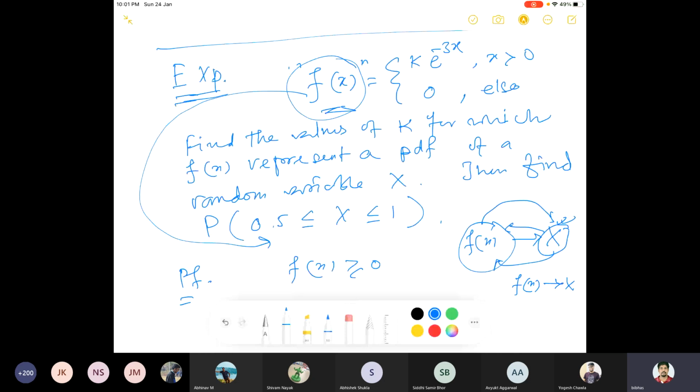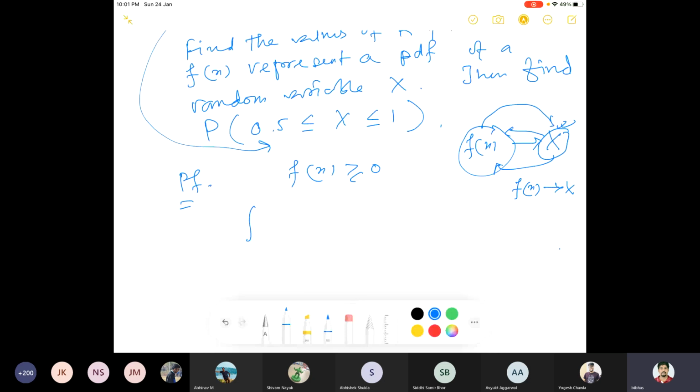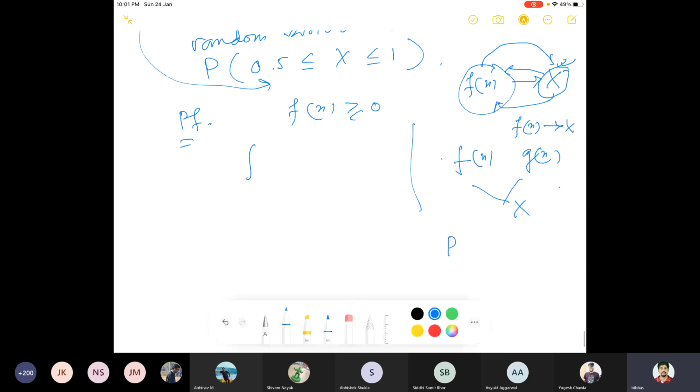Because what will happen if there are two functions, let's say fx and gx, both PDFs corresponding to some particular random variable x? Then the probability of a less than or equal to X less than or equal to b, for any a and b, is equal to the integral from a to b of fx dx, and this is also equal to the integral from a to b of gx dx, and this is true for any a and b.